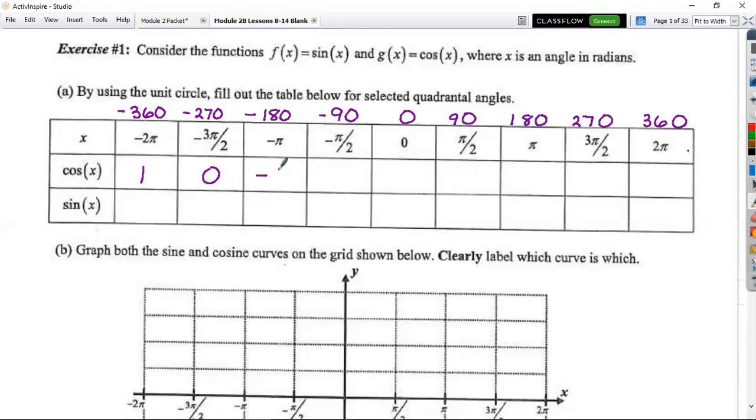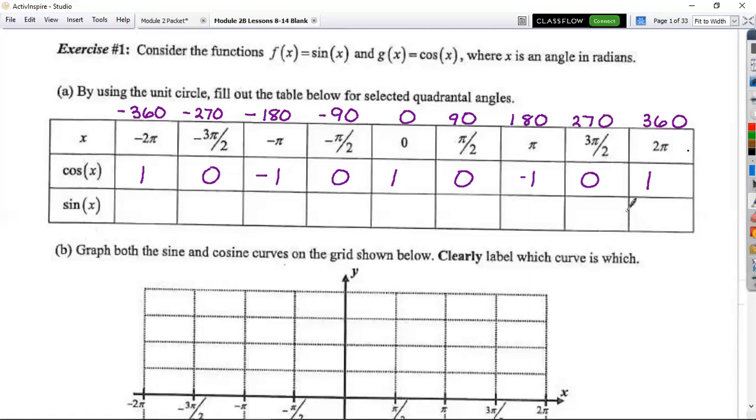Yep, negative 1. Cosine of negative 90? 0. Cosine of 0? 1. Good, keep going. Cosine of 90? 0. Cosine of 180? Negative 1. Cosine of 270? 0. And cosine of 360? Good.